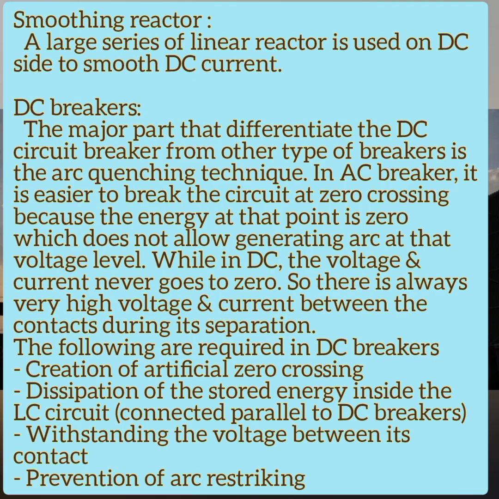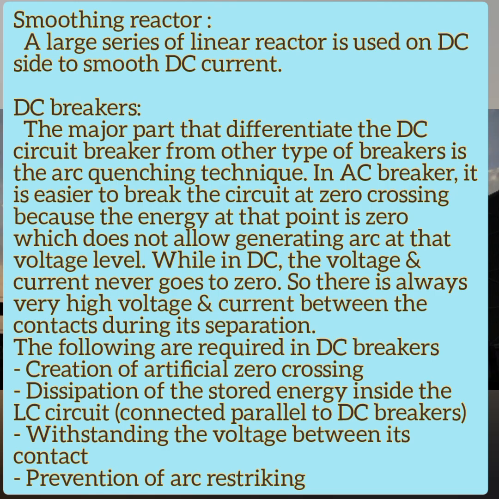Then DC breakers. There is a difference between the AC breaker and the DC breaker. The DC breaker uses another type of arc quenching technique. In the AC breaker, normally during a zero crossing we break the current, because at the zero crossing level the energy dissipation will be very less.